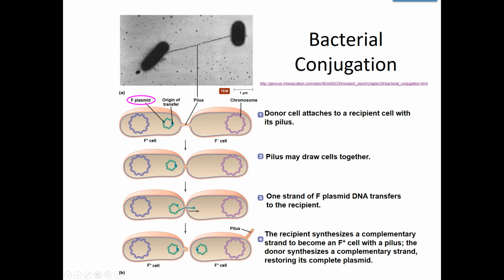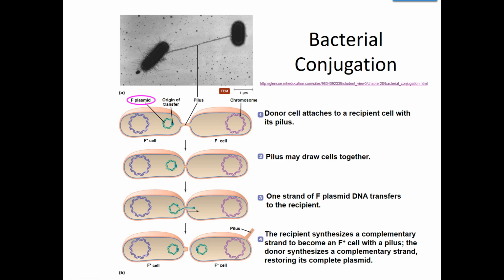And some of the DNA from this little plasmid, which is just a snippet of DNA that the bacteria doesn't need, but it could be useful information, is going to leave and go through that conjugation pilus and into this cell. So we can see that it's going to double its information and send a copy over, and then it will make the complementary copy. It's the most common way that bacteria send information from one cell to the other.